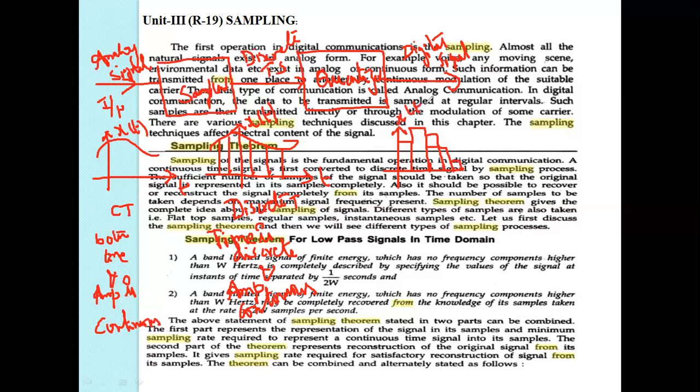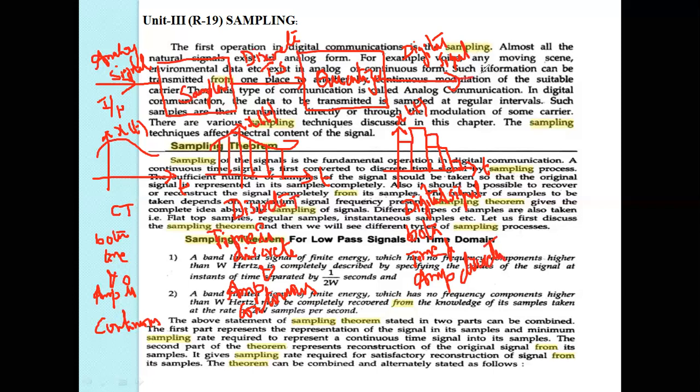Both the amplitude and the time are discrete, x of t. Both time and amplitude are discrete. It's called a digital signal.